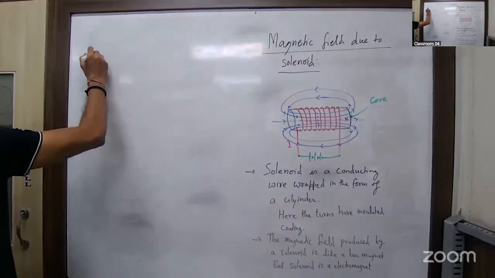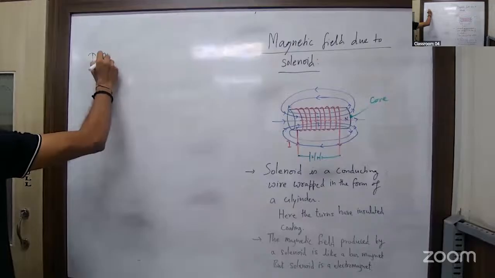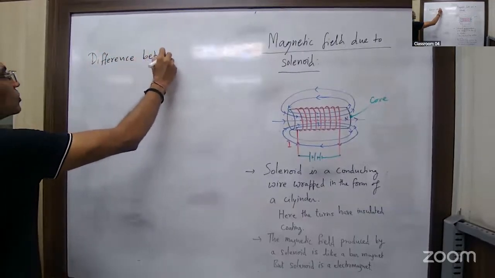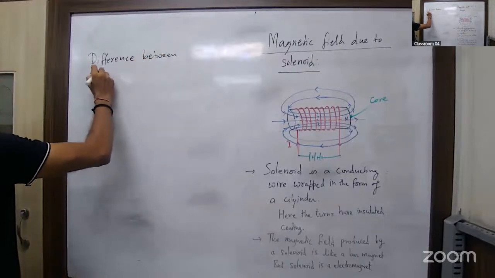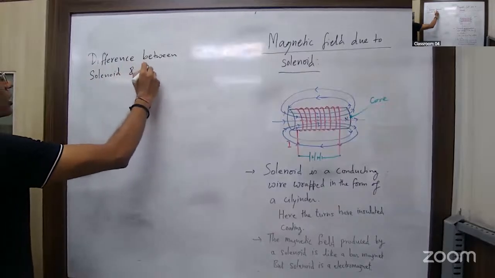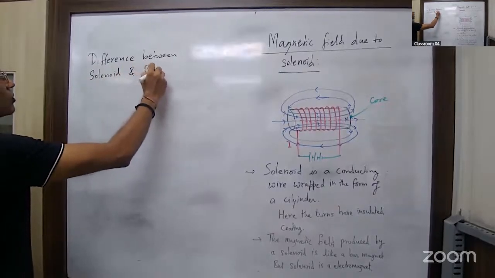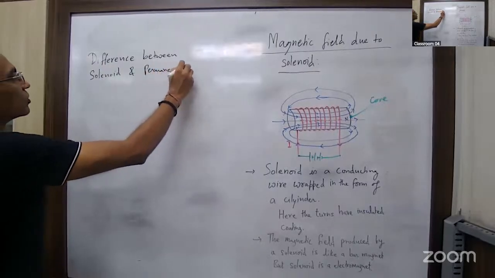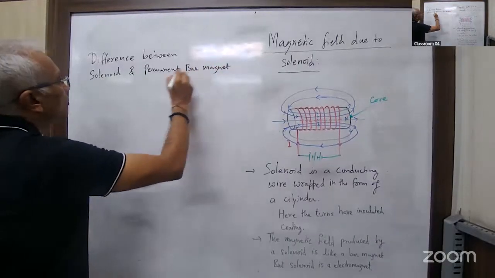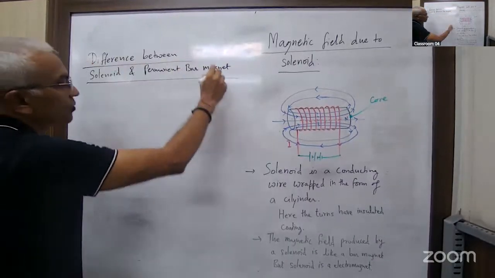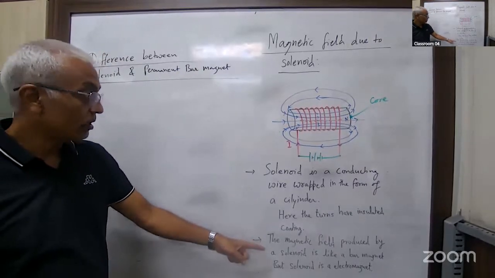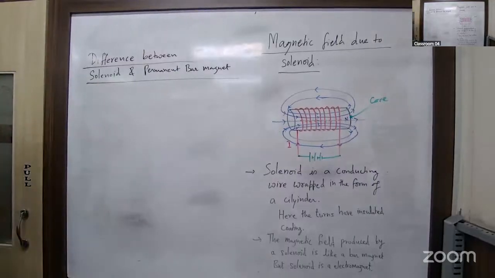Understood? So what are the ways to increase the magnetic strength? Now, the difference between a solenoid and a permanent bar magnet. Although the magnetic field produced is like a bar magnet, it has some differences. What is the difference?